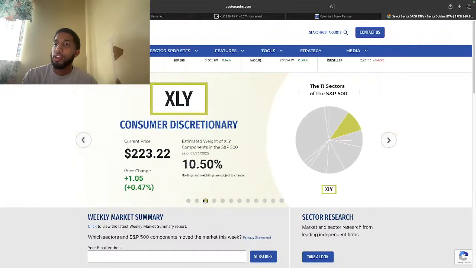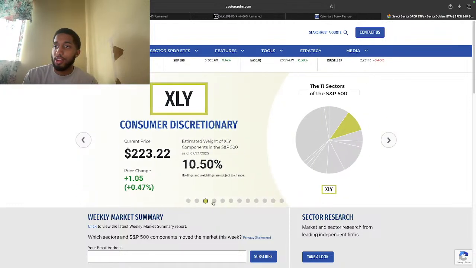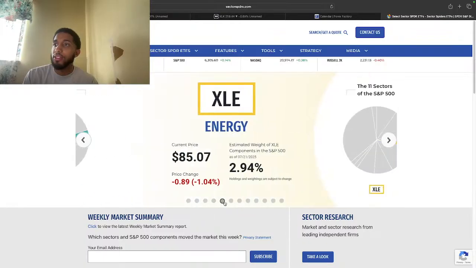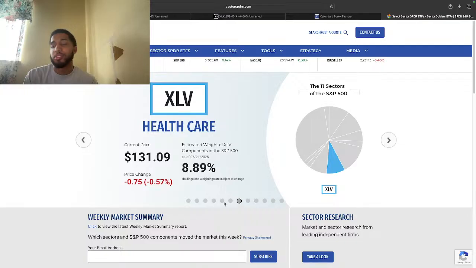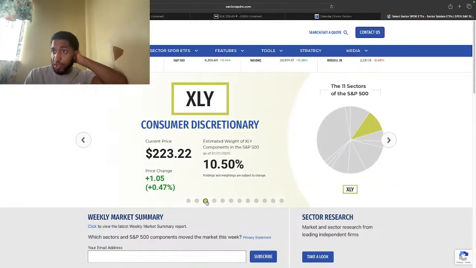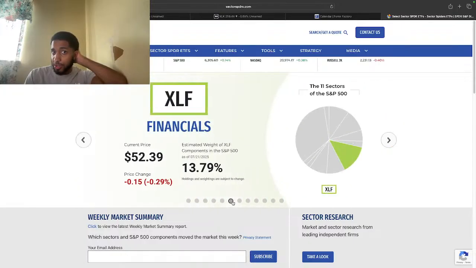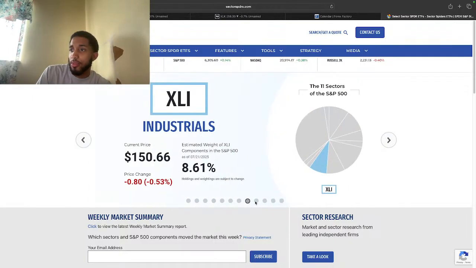We passed XLY, XLK 10, XLY 10. Where's XLV at? See, XLV 8%. So it kind of rotates. As you can see, communication services is a little bit bigger than XLV. But I've been looking at XLV for a long time, so I just have it on my chart.